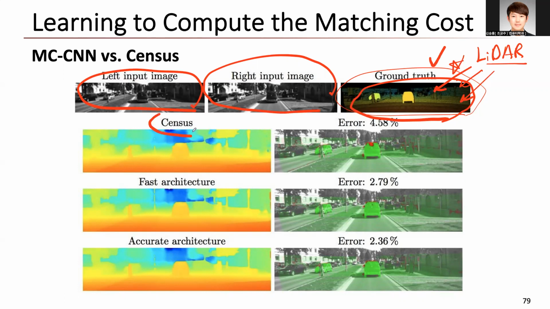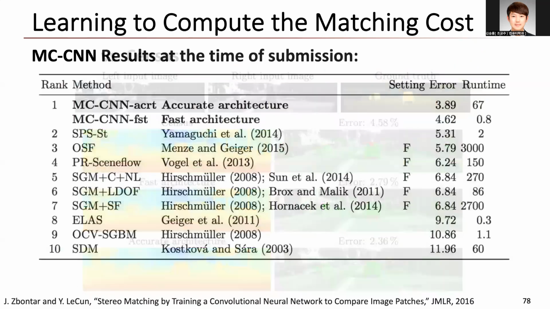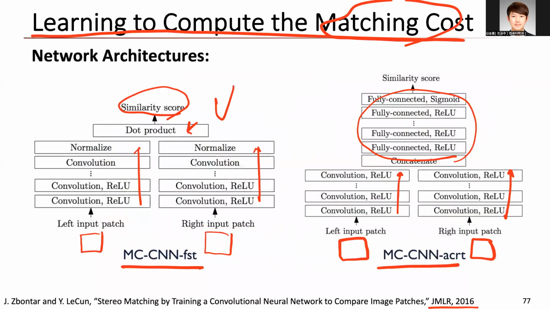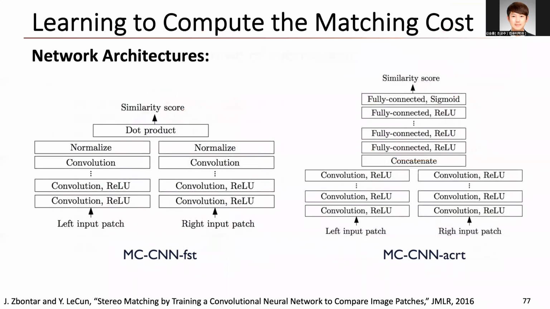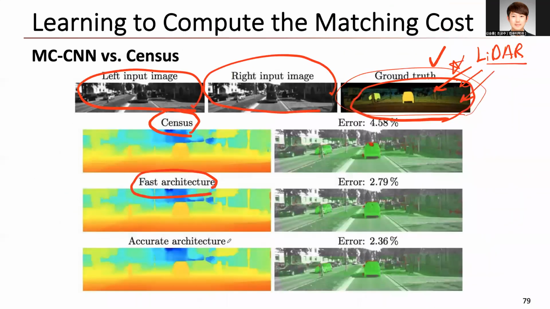Anyway, compared to the census handcrafted method, the MC-CNN fast version and the MC-CNN accurate version here generate very, very good depth information with low error rate. Look at this.